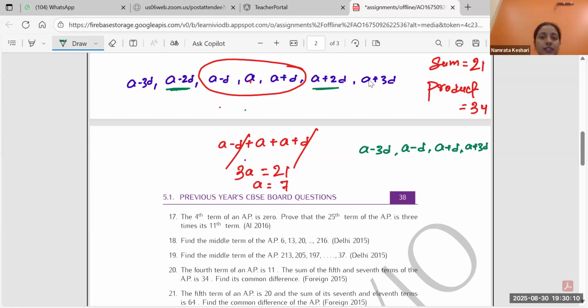When 6 terms, then as before. When 3 terms, then A, A plus D, A minus D. When 5 terms, then one before this and one after this. Getting it?